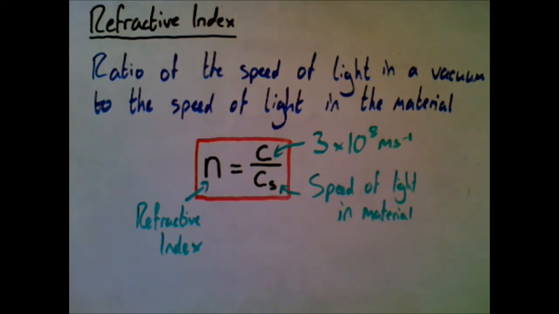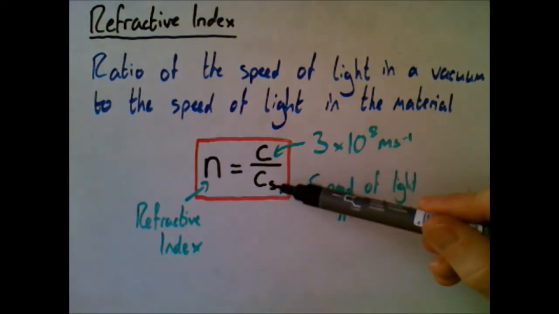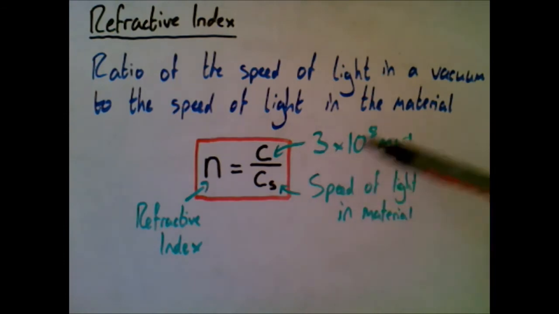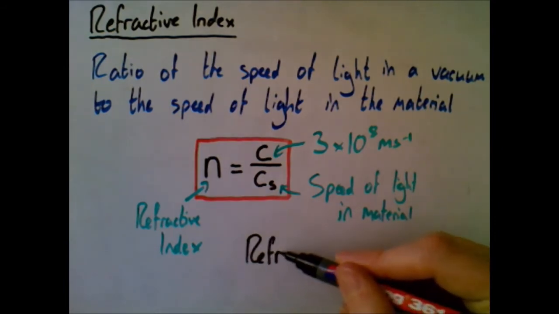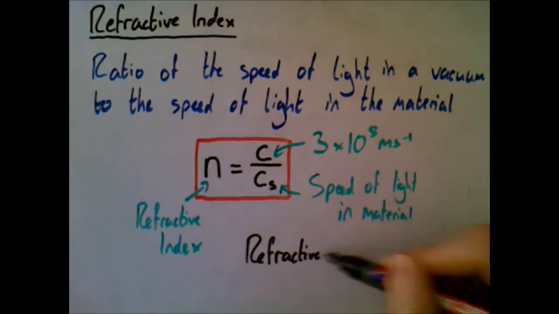It is worth noting at this point, I said earlier that as far as we're concerned here, air is pretty close to a vacuum, at least in terms of light. So if light travels about the same speed in air as it does in a vacuum, the refractive index of air is approximately 1. That's something you need to know, and it becomes very useful later on.